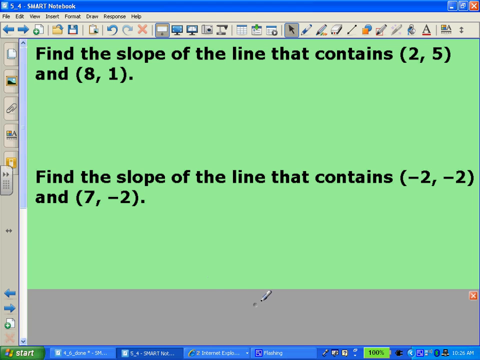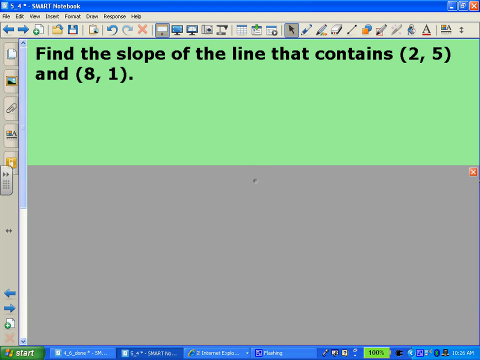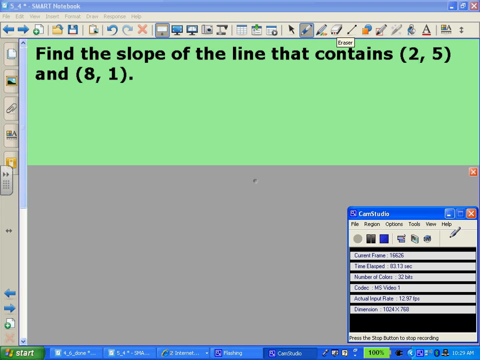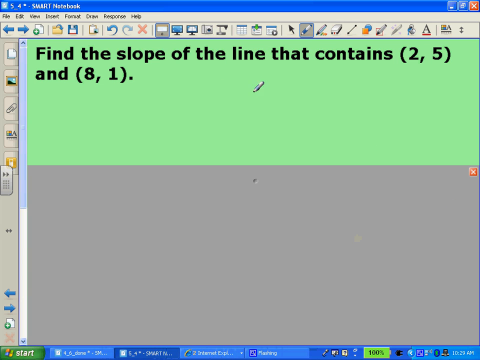Okay, so we'll start with our first example here. Find the slope of the line that contains the points (2, 5) and (8, 1). So what we're going to do is just pick one of the points, and it doesn't really matter which one. We label one of the points x1, y1, and then the other point x2, y2. As long as x1 and y1 are together and x2 and y2 are together.